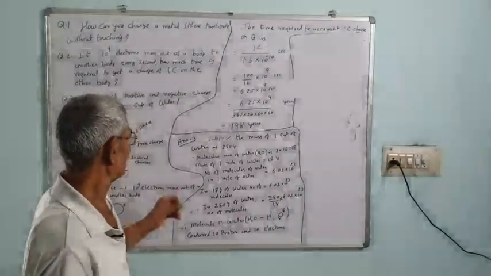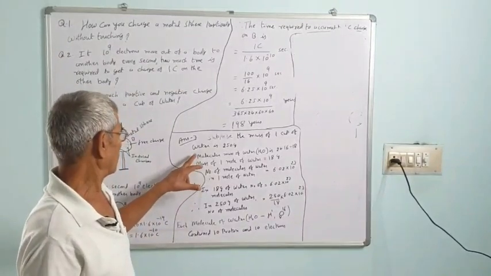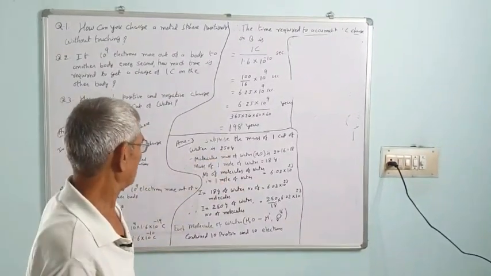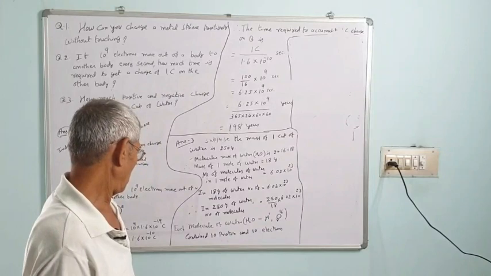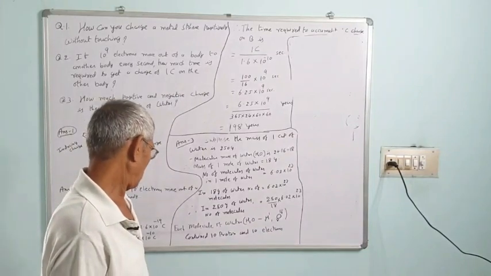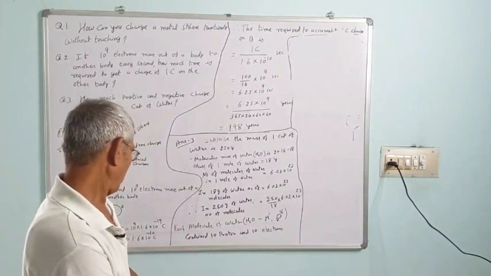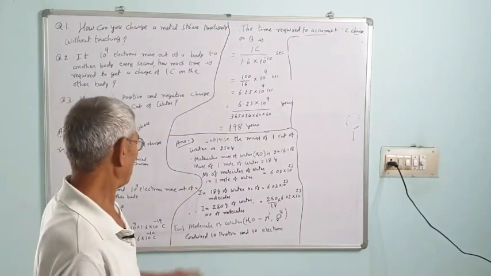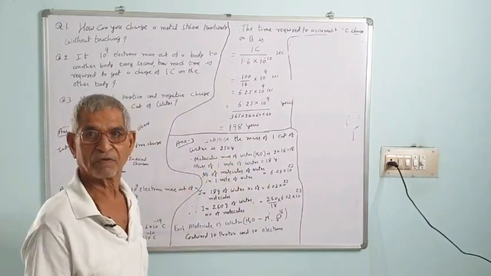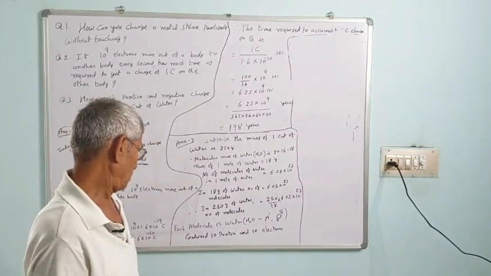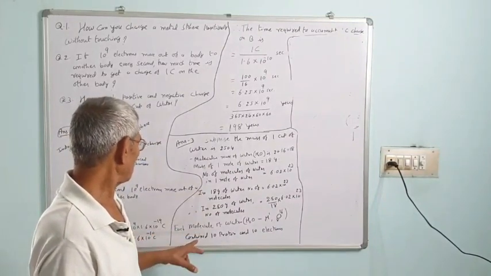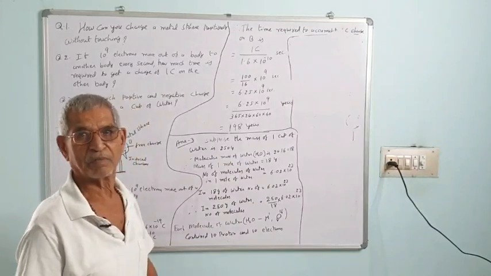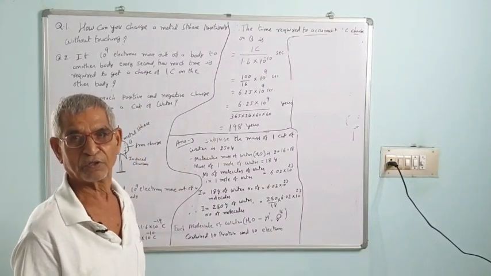Now number 3. Suppose the mass of 1 cup of water is 250 grams. How many protons and electrons will be there in 250 grams of water? To calculate the number of electrons and protons, we will have to calculate the number of molecules.